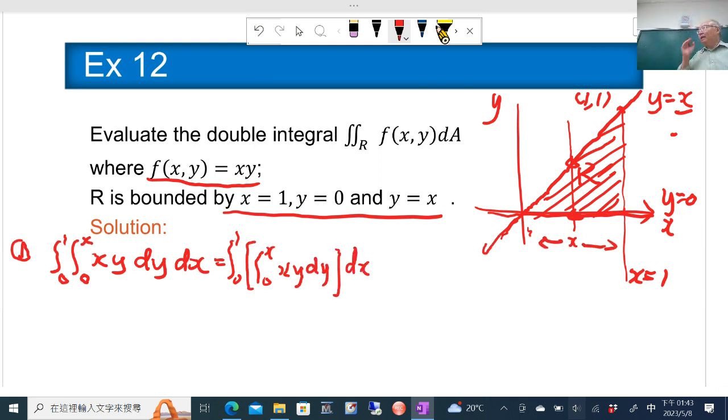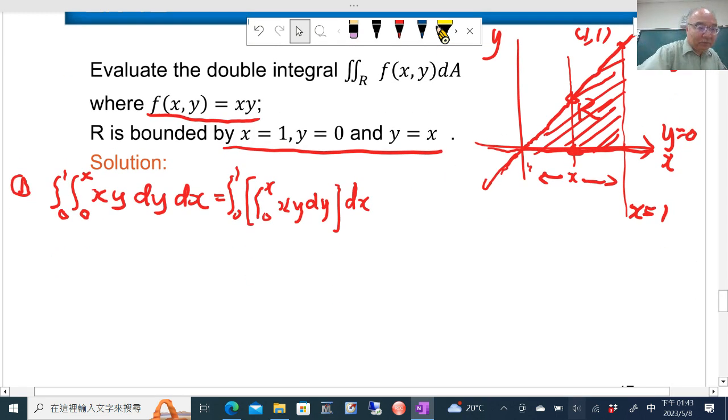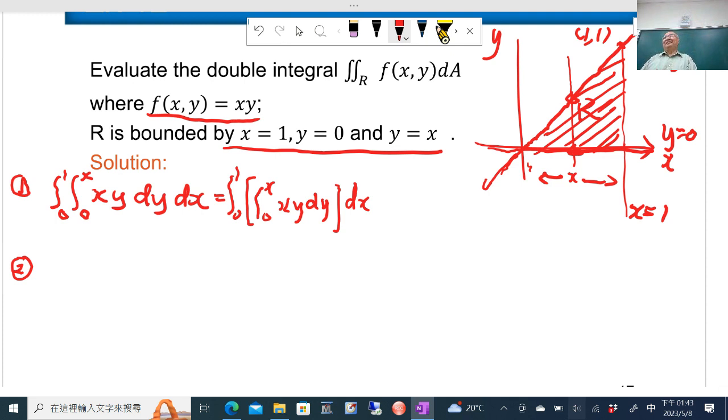Okay, and I'm not going to do any further, and the following exercise will be yourself, you're practicing, and I'm going to give you option number 2. Now I'm going to change the order. Instead of dy dx, I'm going to do dx dy.